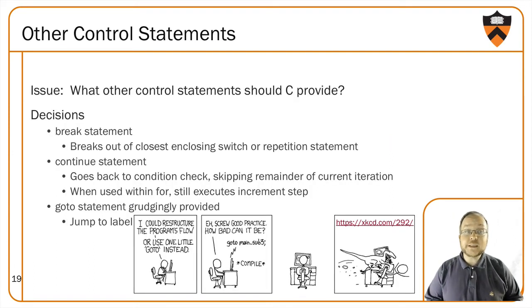All right, so C does provide 3 more control statements, 2 that are shared with Java, but 1 that's absent in Java. So the break statement, for whatever reason, many intro programming teachers are particularly didactic when it comes to break and think that it should be used approximately never outside of a switch statement. Personally, I think it's a fine loop structure.